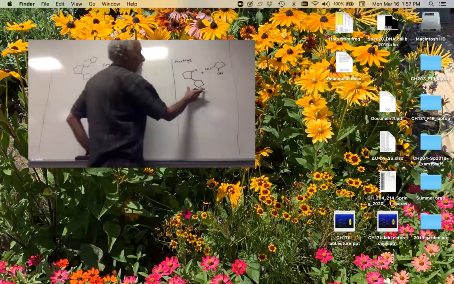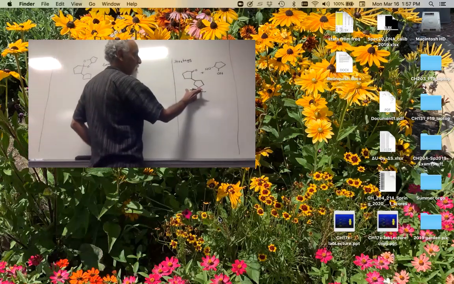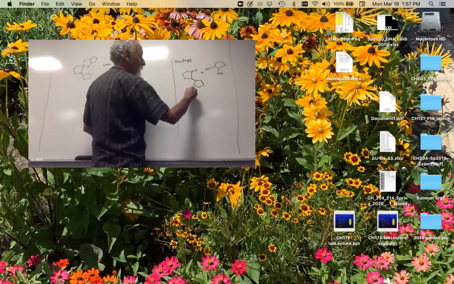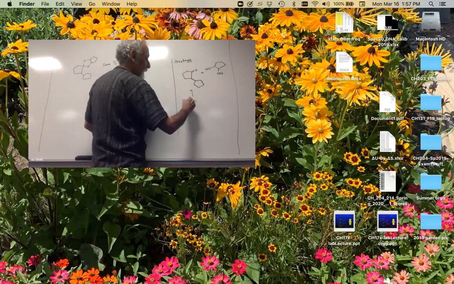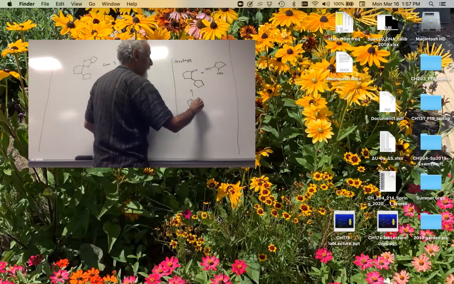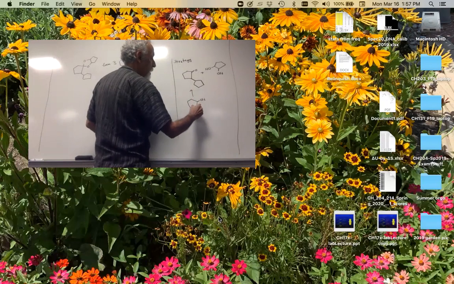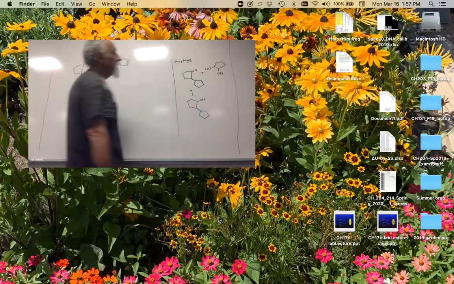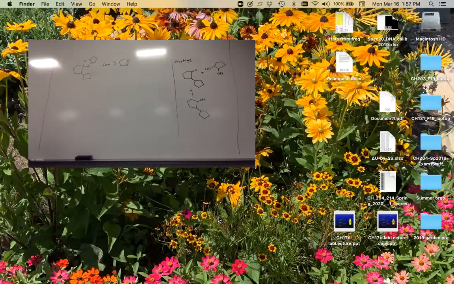Okay, and now what about something like this? Where is this coming from? Well, it's a ketone, and we know how to make a ketone. A ketone is made by oxidation of an alcohol. So if we could only make this alcohol, we could oxidize it to that ketone.